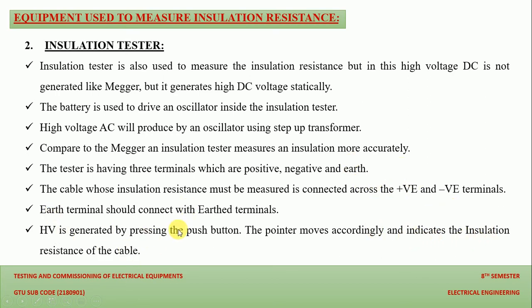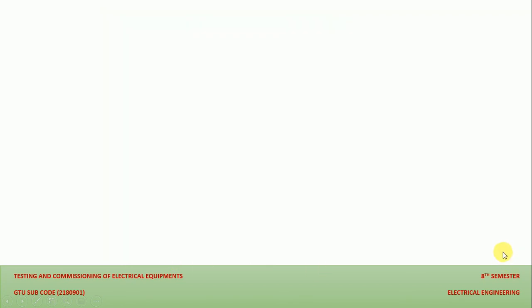High voltage is generated by pressing the push button. We have a step up transformer which produces the high voltage, and here you can see that we have only a push button, and by pressing it we can generate the high voltage, and the pointer moves accordingly and indicates the insulation resistance of the cable under test.